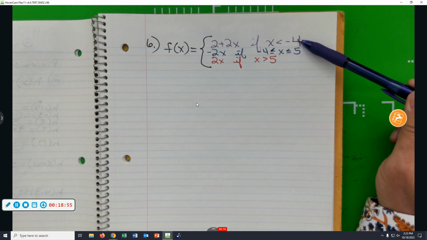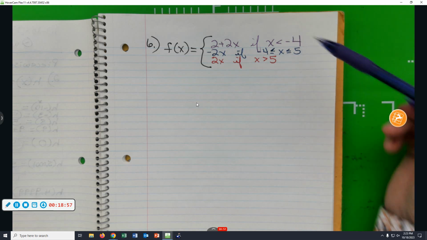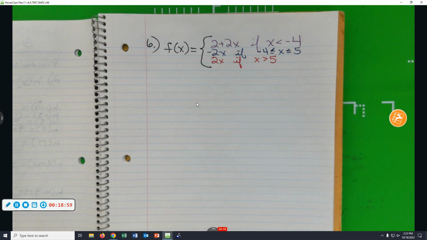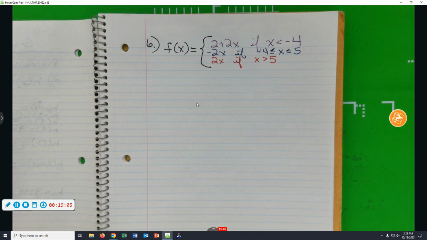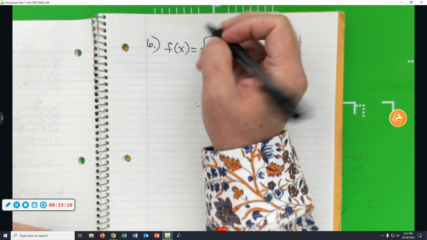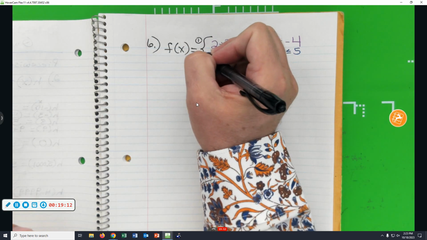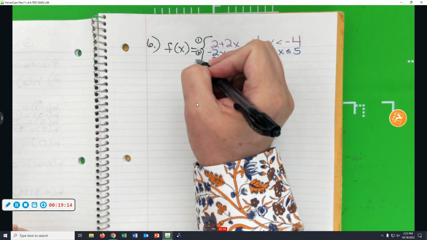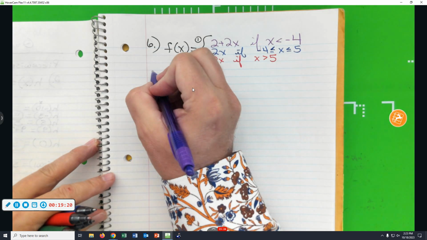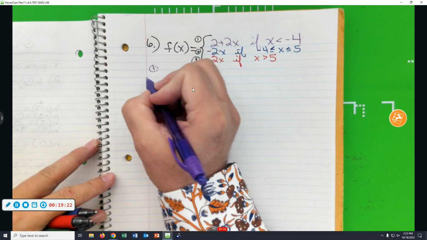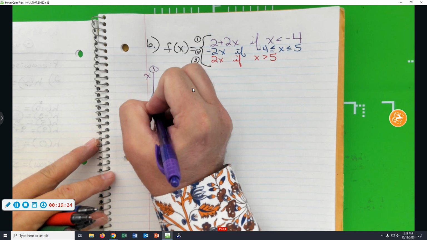I'm going to make my purple piece using purple ink, the blue piece using blue ink, and the red piece using the red ink. If you're just using one color, my advice to you, number the pieces. This will be piece 1, the middle piece is piece 2, and the bottom piece is piece 3. So here's table 1. I'm going to make it an XY grid.